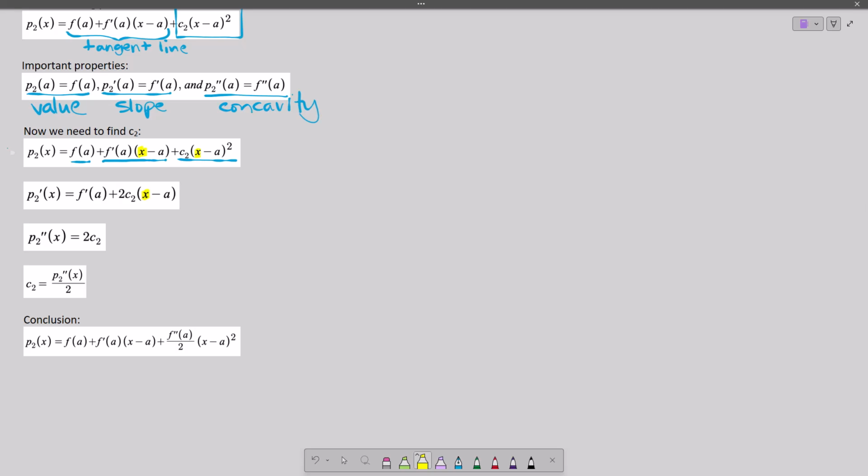That's 0. Now we want to take the derivative of this term right here. Okay, the derivative of this, f prime of A is a constant. Right? F prime of A is the slope. It's a constant. So this piece right here, if we look at f prime of A times x minus A, if we distribute this f prime of A, which is just a constant, so we get that.